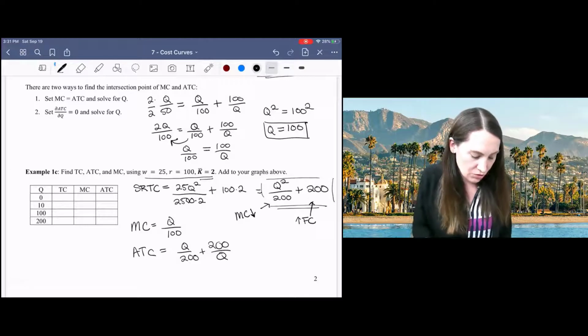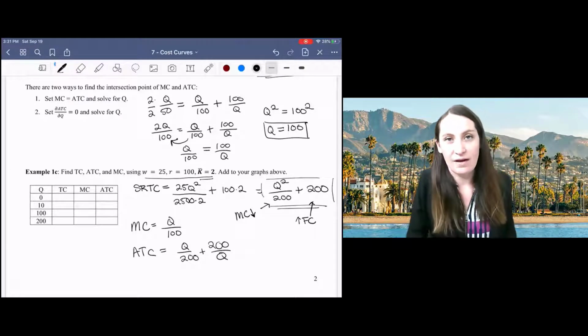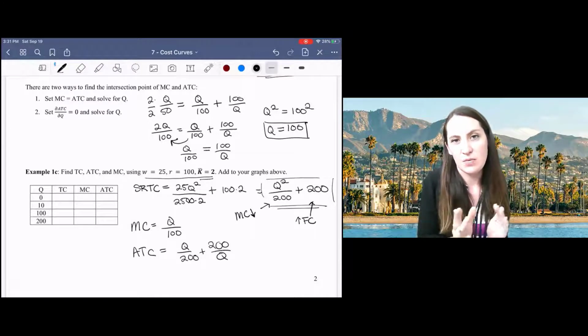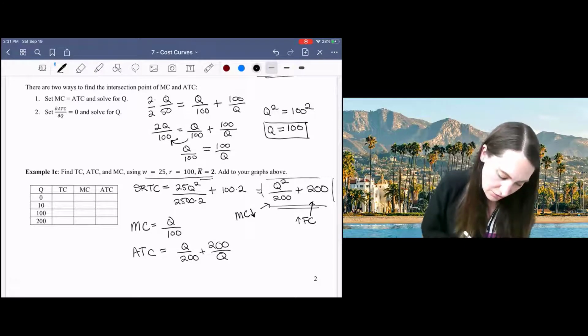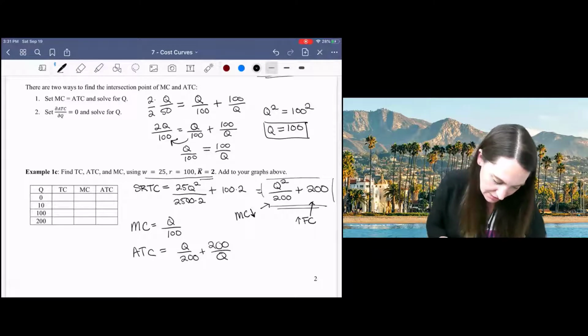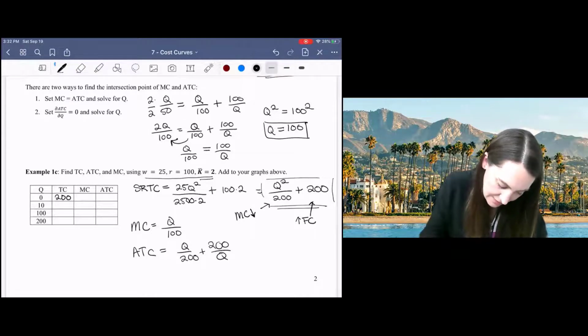Great. So now what we're going to do is plot these on the same graph that we were using before to see how they shift as we expand capital. And so let's plug in these same numbers to our total cost equation here. At 0, our fixed cost is 200.